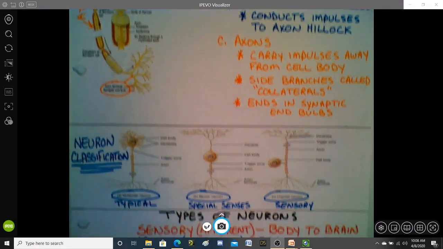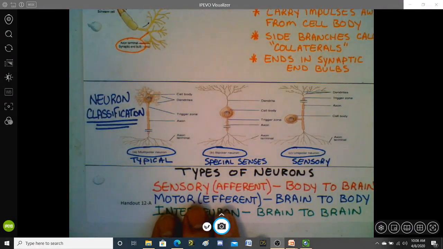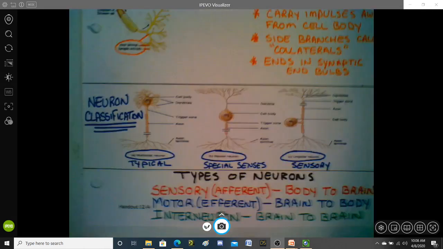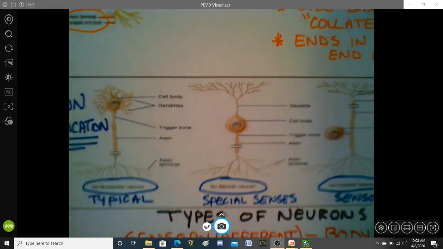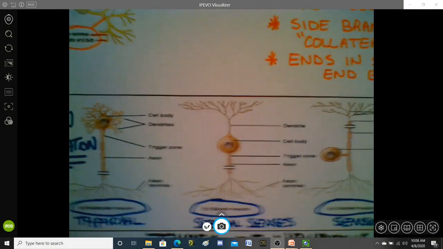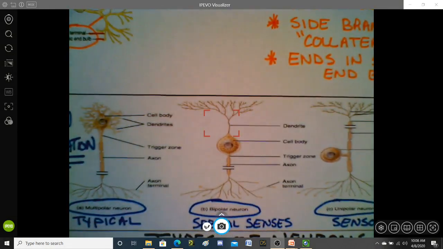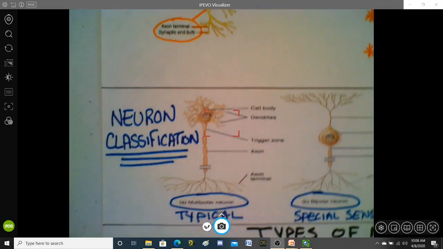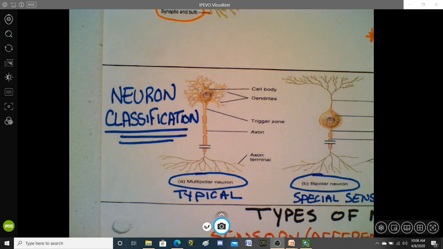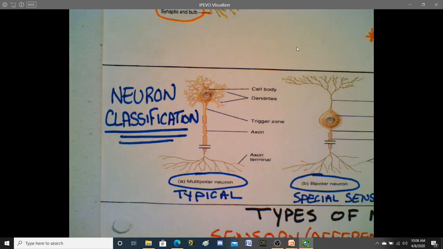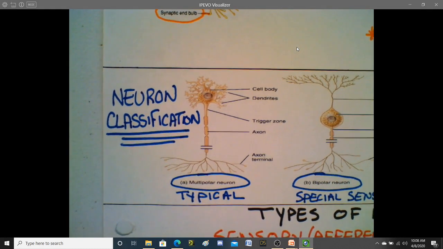Now, we do have, and this is small, and I apologize for how small it is, I'll zoom in, we do have some different types of neurons. We have a typical neuron that I just mentioned.